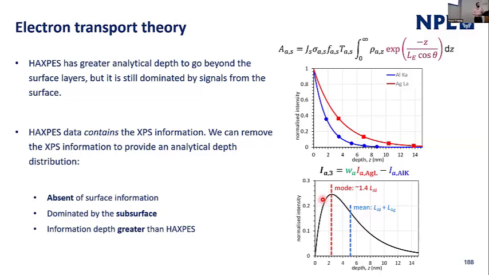And finally, the information depth is actually greater in this case, because with the silver source and the aluminium K alpha source, the mean depth the intensity is coming from is basically about one attenuation length down into your material, whereas the surface-free depth distribution is effectively a sum of those two effective attenuation lengths.